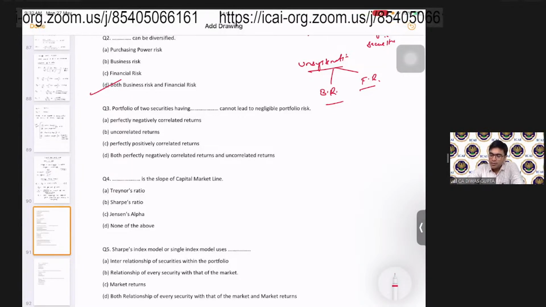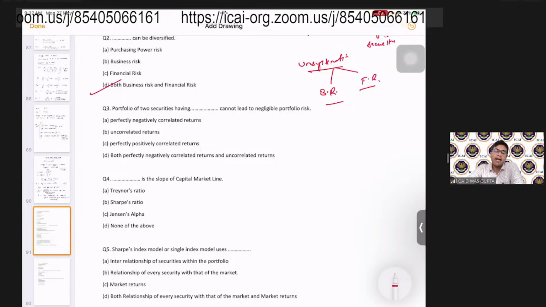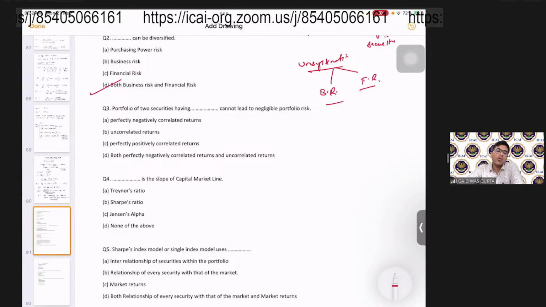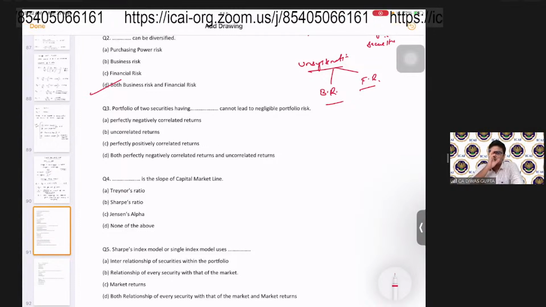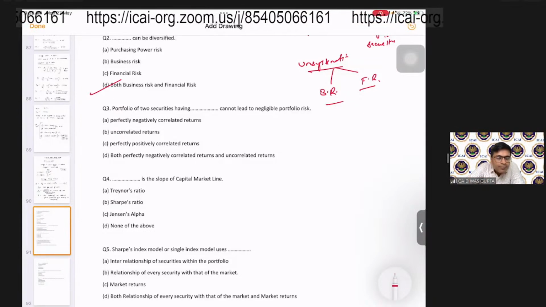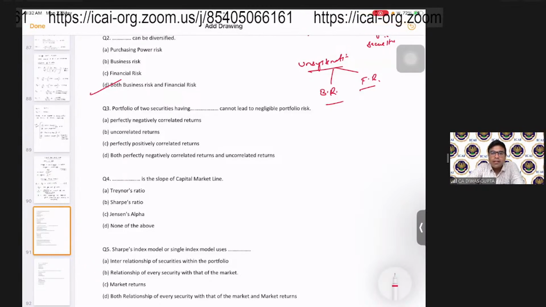Abrikesh has responded. This question is saying, a portfolio of two securities having dash cannot lead to negligible portfolio risk.